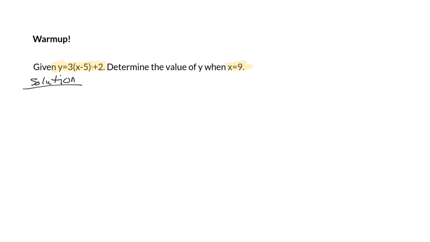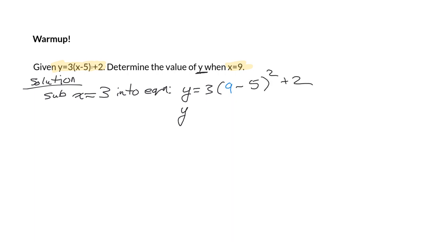So our solution should look something like this. The key idea here is when we want to find our y value, we have to substitute. We substitute into our equation, y is equal to 3(x minus 5) squared plus 2, our 9 value. So y is equal to 3 times (9 minus 5) squared plus 2, and that tells us that y is equal to 3 times 4 squared plus 2.